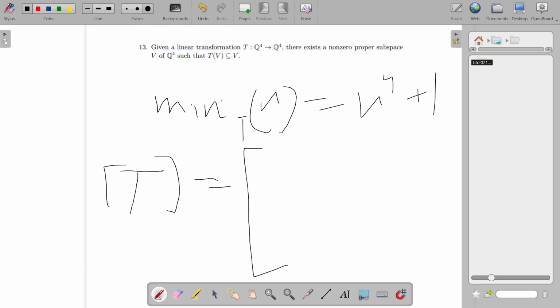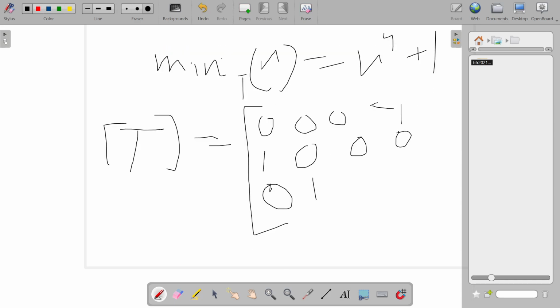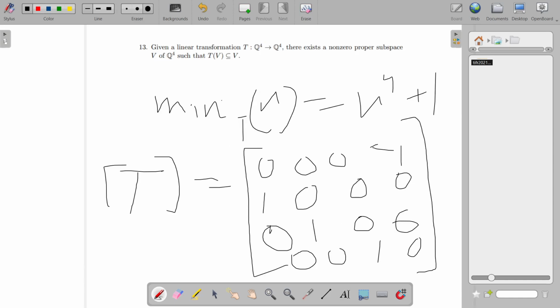The companion matrix for T: basically we will write 0s, and for x to the power 4 plus 1, the last column will be minus 1 and the rest 0, with the companion matrix shifting by 1 and 1s on the subdiagonal.